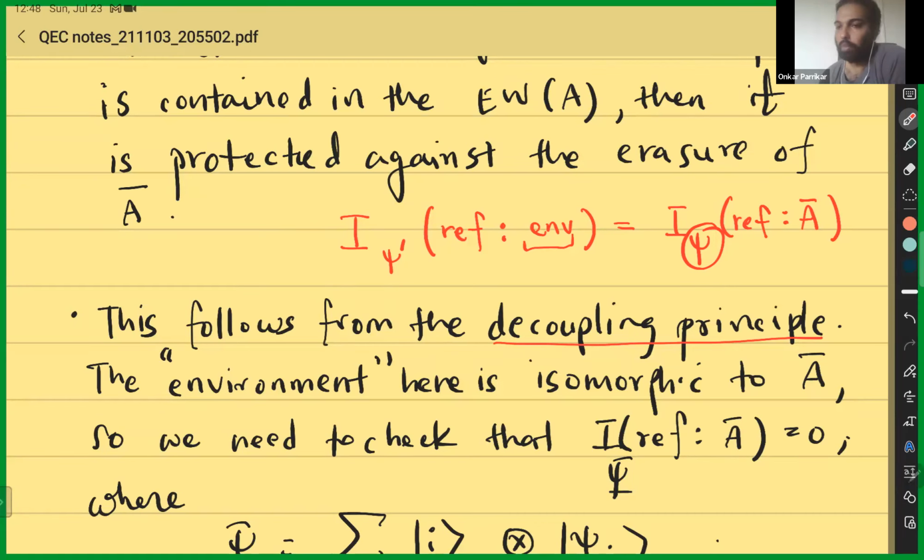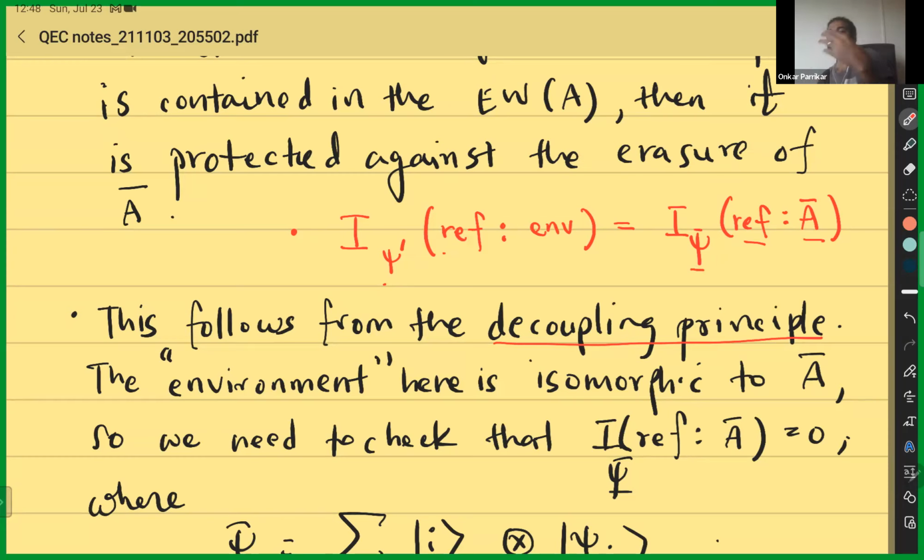Let me just repeat it once in case it's not clear. What we ideally want to do is bring in this reference system, maximally entangle it with the code subspace, do this joint unitary transformation on the physical and the environment subfactors, and then compute the mutual information between reference and environment. I'm claiming that in the current situation where we just want to trace out A bar, this is equivalent to just computing the mutual information between reference and A bar on the maximally entangled state on the code subspace.